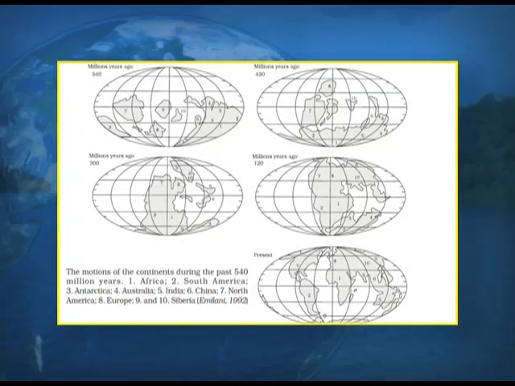This is the diagram which depicts the fragmentation of Pangaea into different parts and the wandering of these continents over a period of time. If you see this diagram, you can see how the present day continents have changed their position over the period of history.